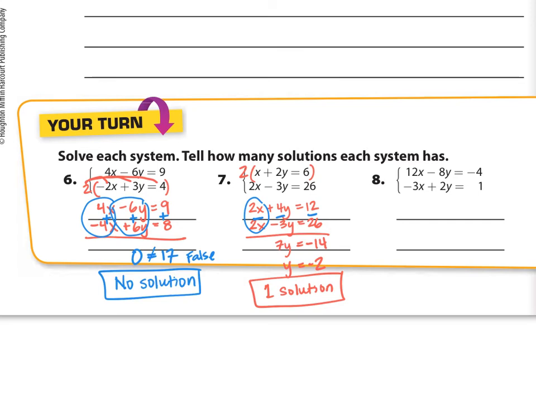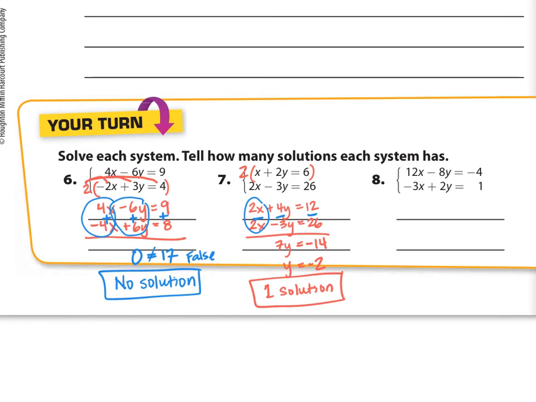As you can see with my work, I multiplied the 2 with the first equation and got 2x plus 4y equals 12. Copied the second equation. I subtracted straight down, and I eventually got to y equals -2. So I don't need to go any further for this to tell me that I'm going to be able to plug in -2 into here and then figure out what x is.